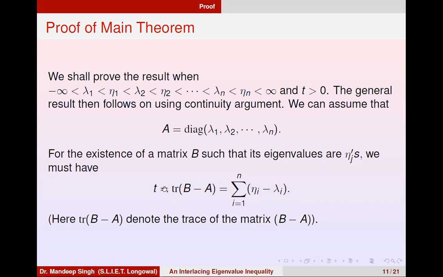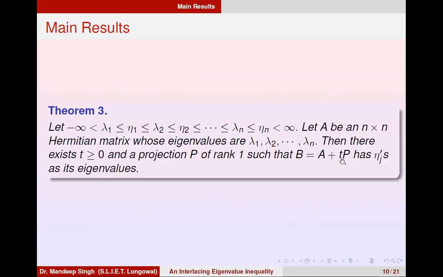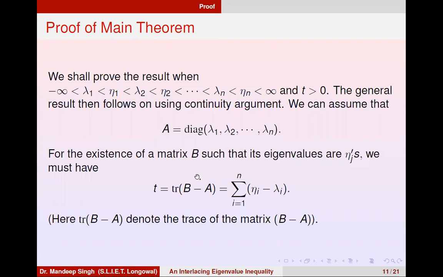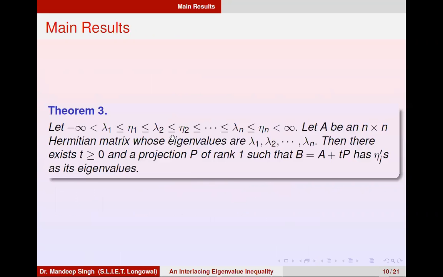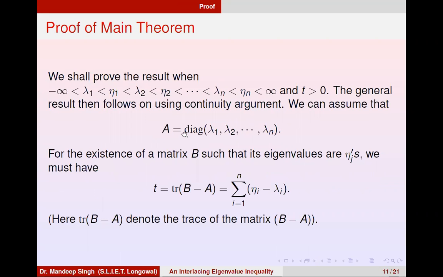That should be the scalar T chosen here. Okay. But I do not know about P. To choose my P, what I do, I take my P as. Sir, can you please show the last one? Just for a minute.